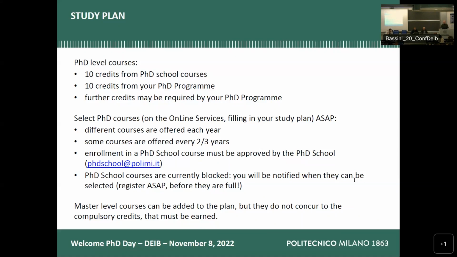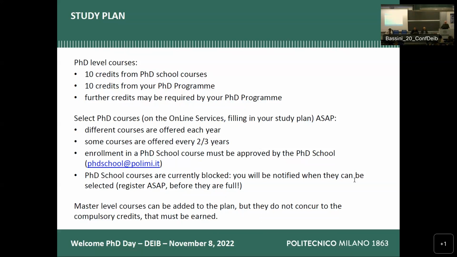The PhD school courses have a somewhat different process. The enrollment in a PhD school course must be approved by the PhD school, and you have to refer to their secretariat for every detail. Currently, for example, if you look for PhD school courses, you will find them all blocked, so you cannot actually enroll in them.